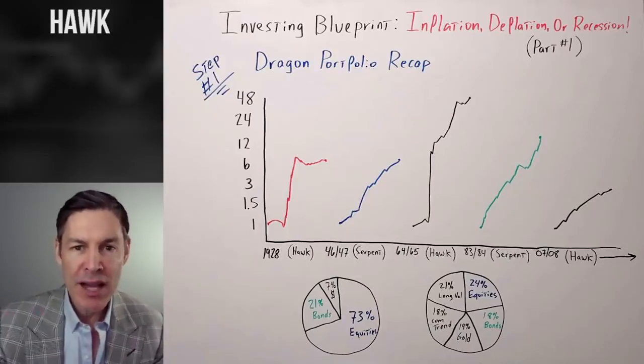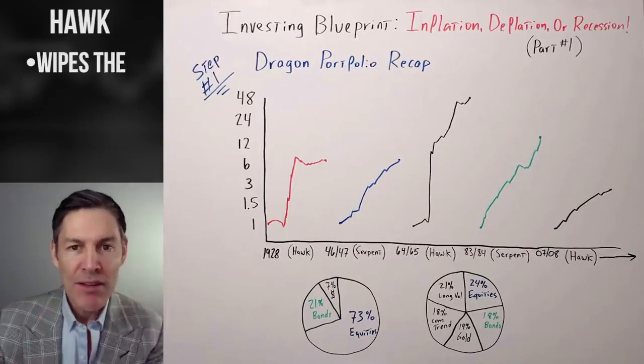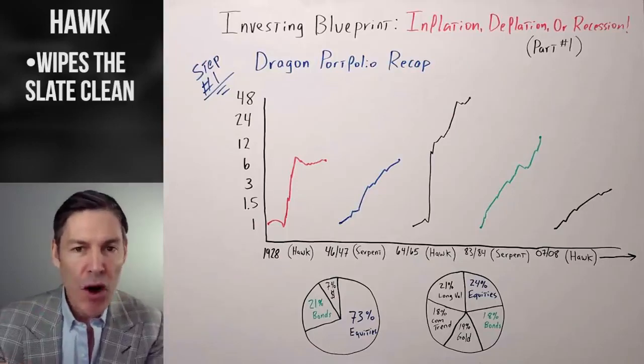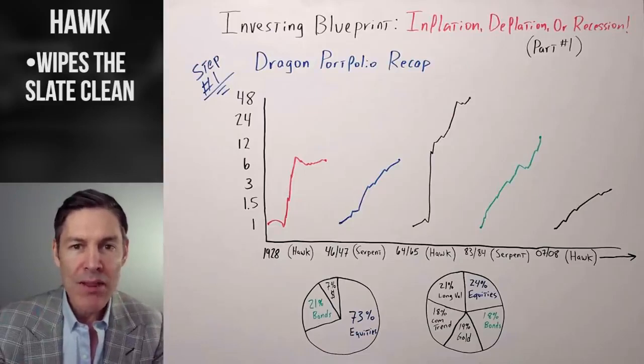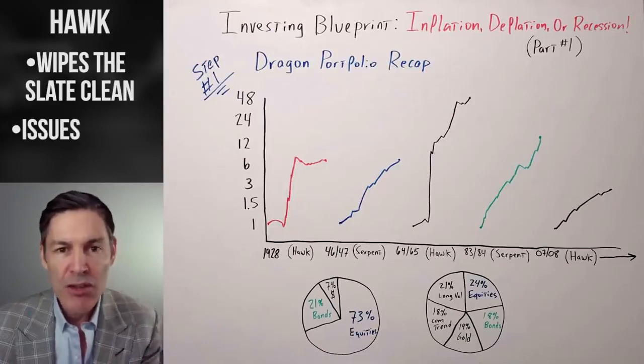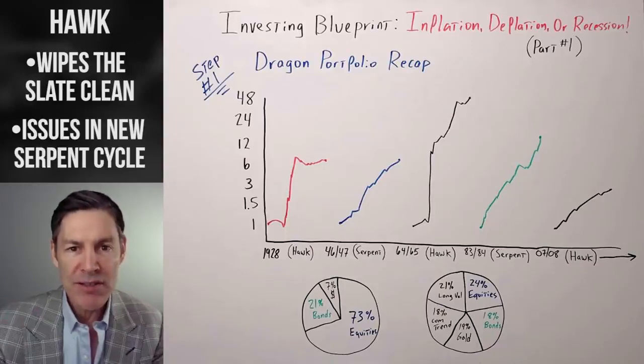Then the hawk cycle comes in and wipes the slate clean. It gets rid of all the malinvestment and the misallocation of resources, and then it issues in another serpent cycle.